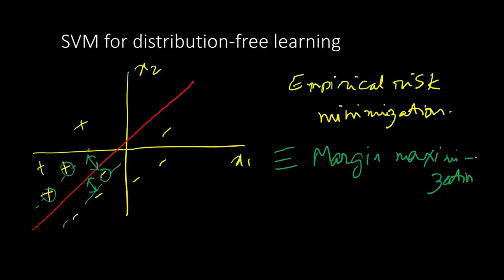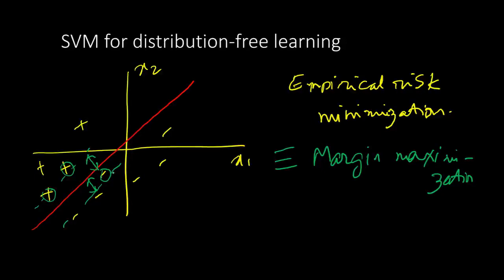Okay, so how do we do margin maximization? We'll come to that in a bit, but now let's look at it a little bit more carefully. If we have a hyperplane that divides the positive side from the negative side and it maximizes the margin between them, any other hyperplane that I have will not maximize the margin, even if it correctly classifies the points.